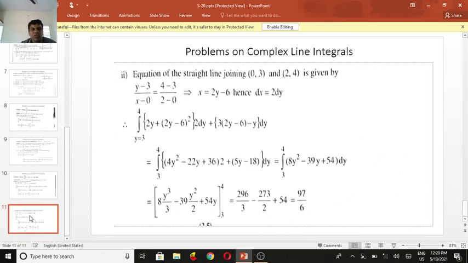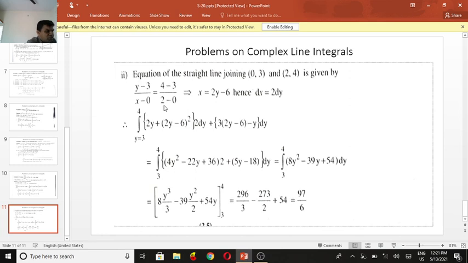Now one more problem, in the form of a line joining the same points. The equation of a line joining (0,3) to (2,4) is given by: first make the line equation using the points (0,3) and (2,4).